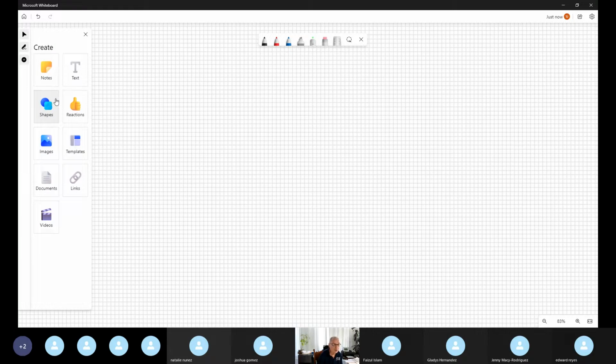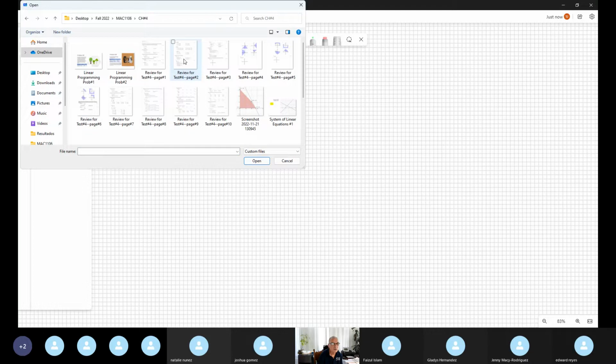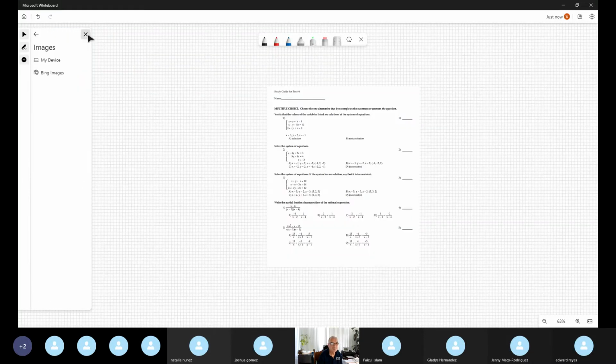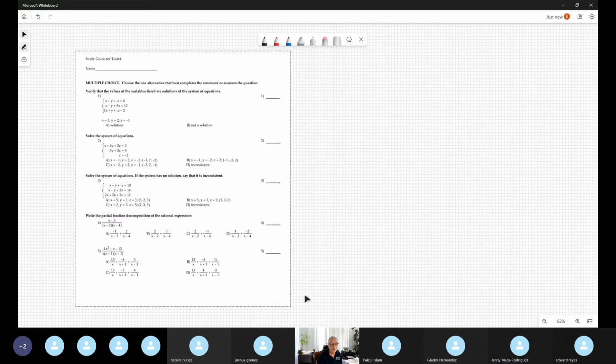Okay, let me start with question 1, super easy, straightforward, elementary, kindergarten problem. Page 1. Look. Do you see the whiteboard very well?